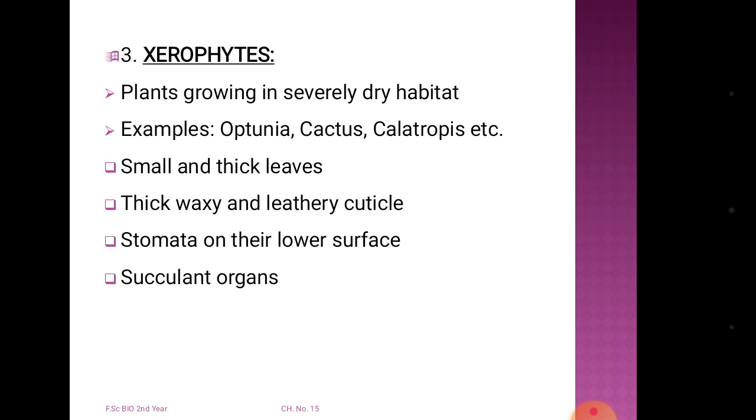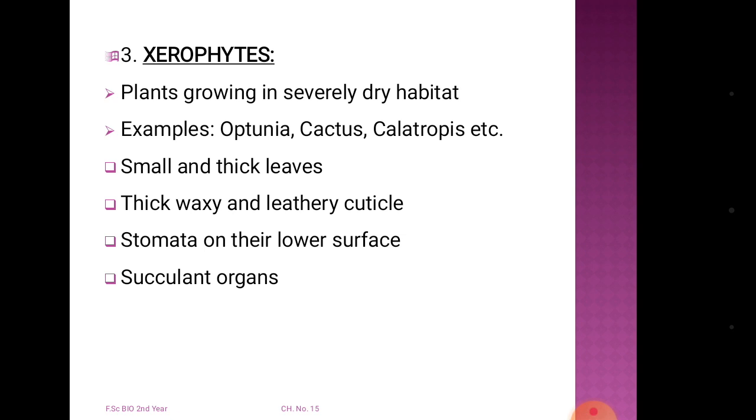In the case of xerophytes, where plants are present in a dry habitat, examples are Opuntia, cactus, and Calotropis. In this case, we see that very small and thick leaves are present. Spine-like structures are present. The number of stomata is very small, and a thick waxy leathery cuticle is present.